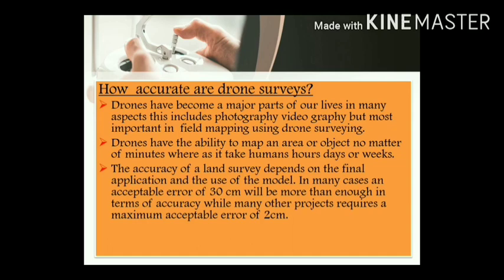The accuracy of the land survey depends on the final application and the use of the model. In many cases, an acceptable error of 30 cm will be more than enough, while many other projects require a maximum acceptable error of 2 cm.